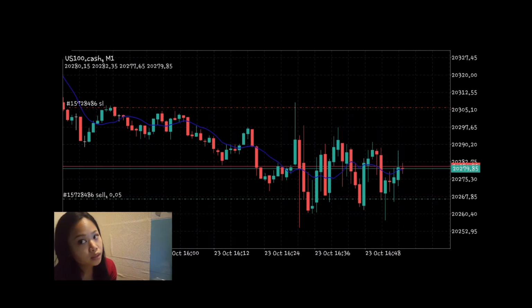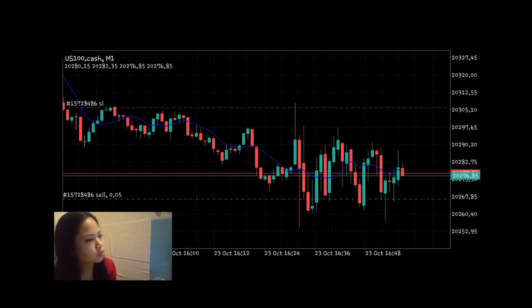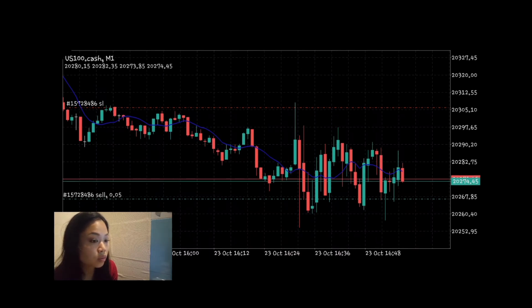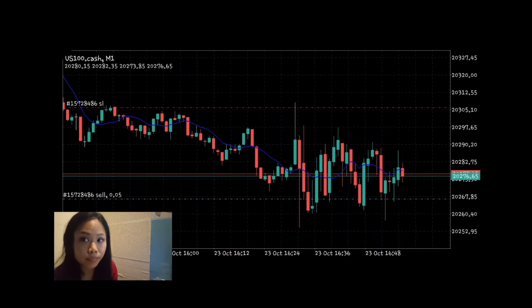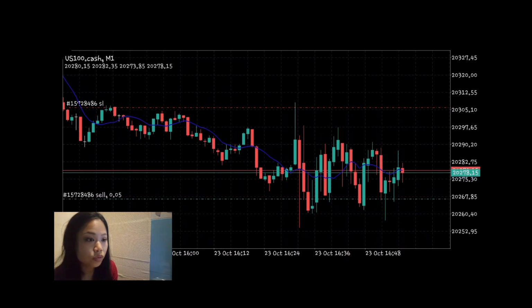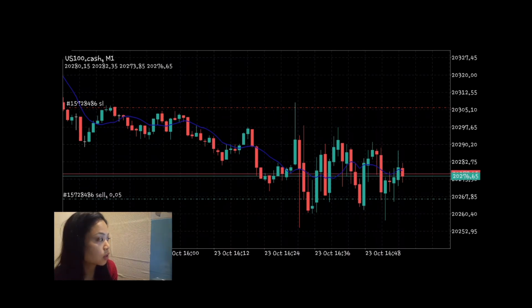Price is still respecting that EMA that I have on this chart. I don't want you to make any sound. I'm gonna turn it off. Just really consolidating here.